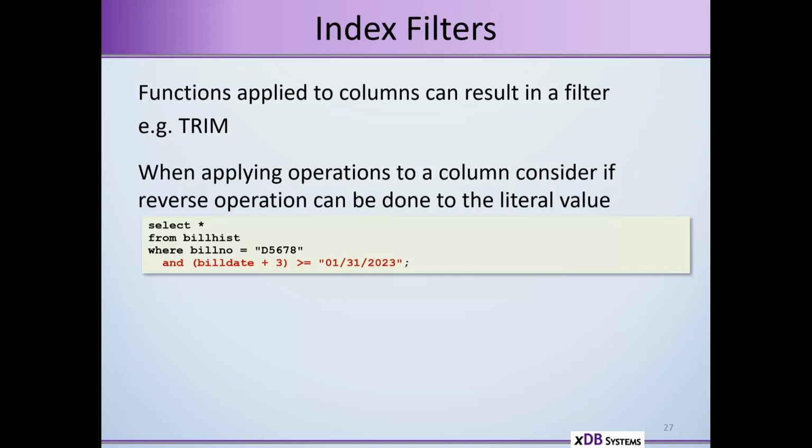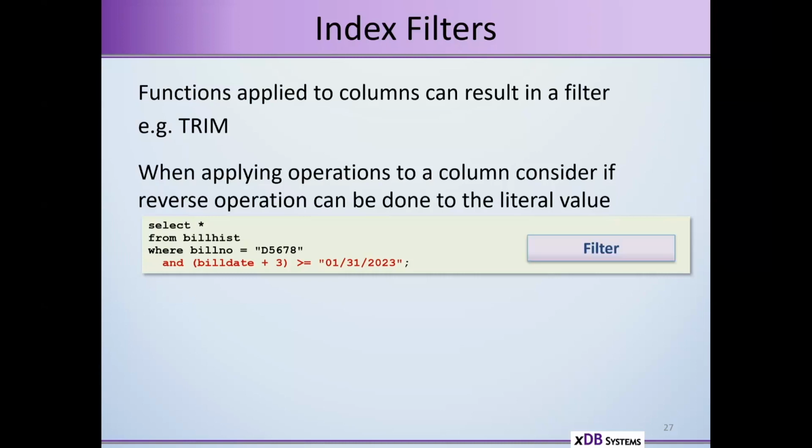Now, in line with that, when we're looking at a query and we're applying an operation, if that operation is applied to the table column, then it will be evaluated for every row retrieved. The row will be retrieved, then it'll apply the operation, and then it'll apply the condition.